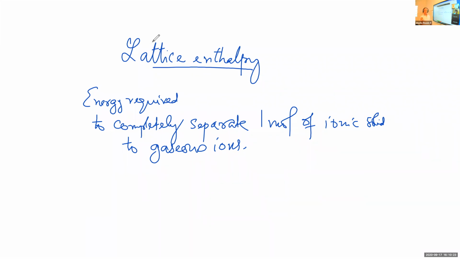So for example, you take sodium chloride. The lattice enthalpy of sodium chloride is equal to 788 kilojoules per mole. And what is the meaning of this?